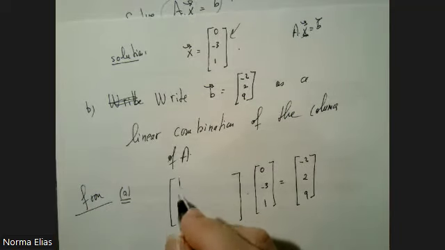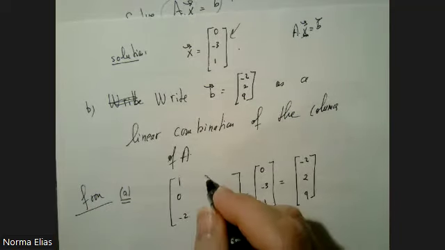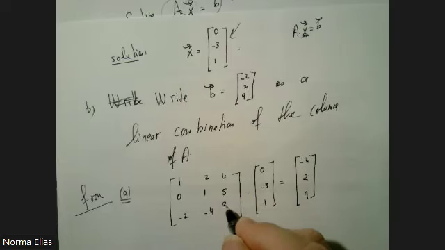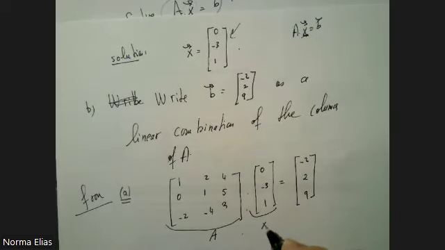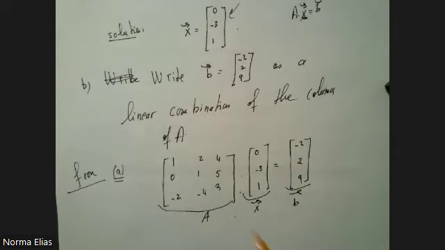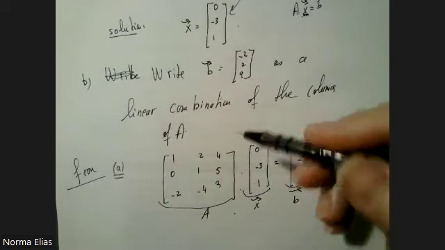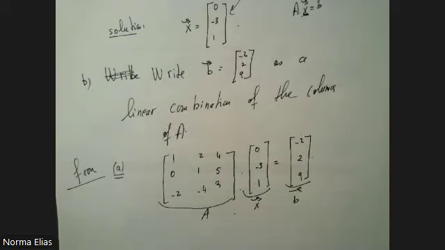So if I take 1, 0, minus 2, 2, 1, minus 4, 4, 5, 3, that's my A. And when I solved it, that's the solution vector, I get the vector B. That's what we did. So if you multiply, using row column, 0, -6, +4, you get -2. Row column, you get this vector. Now, I want you to use that to show that this vector is a linear combination.